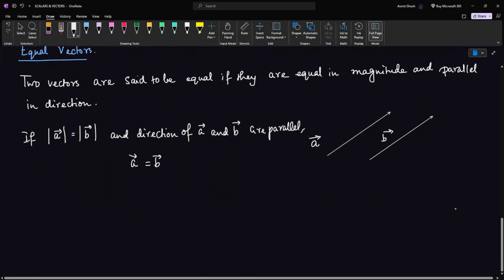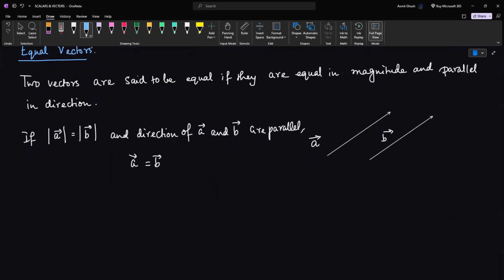But what if the magnitude is equal and the directions are anti-parallel? What do I mean by this?